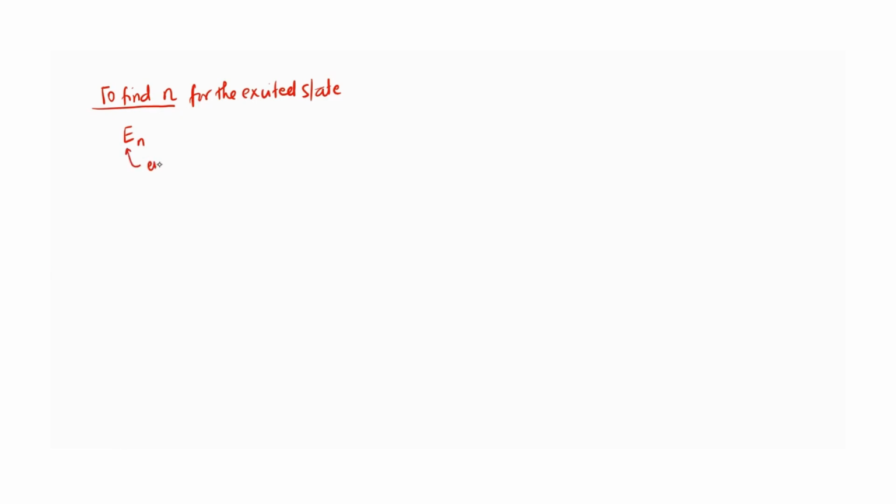So the energy of the nth state equals minus 13.6 electron volt by n square.